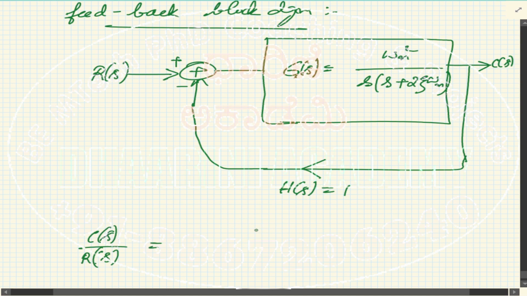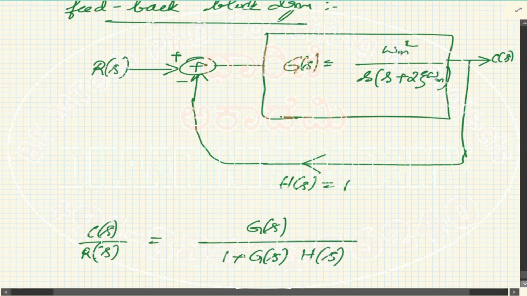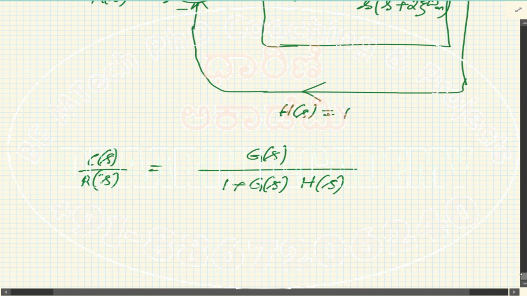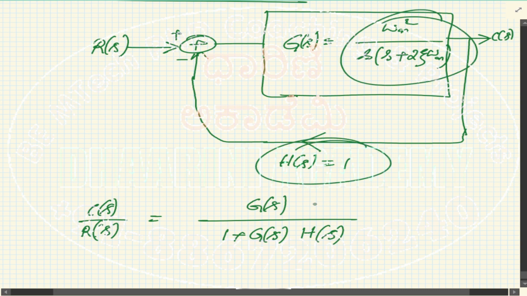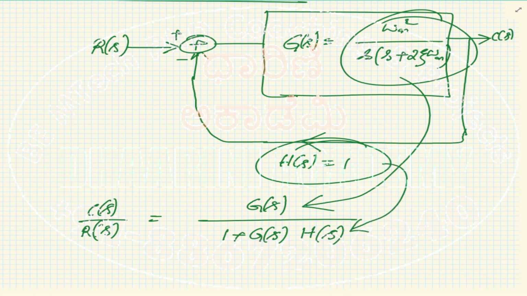If you want to write that, the equation should be G of s whole divided by 1 plus G of s into H of s. Correct? So can you put the values here now? Put G of s equal to this, H of s equal to 1 over here. Okay, so this G of s comes here, the H of s is substituted here, and simplify and check what you get after simplification.